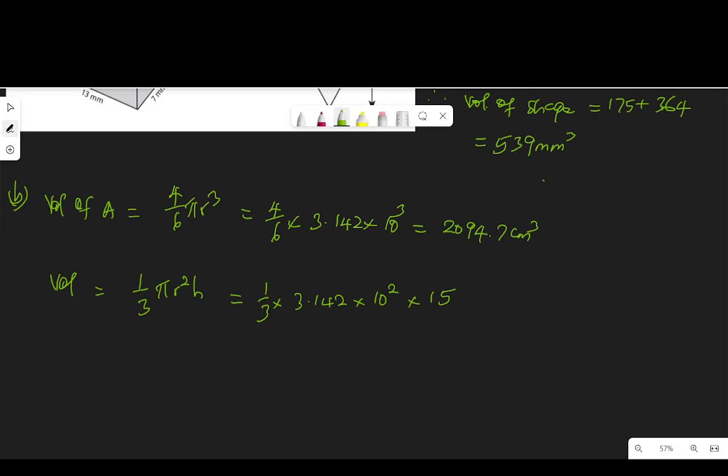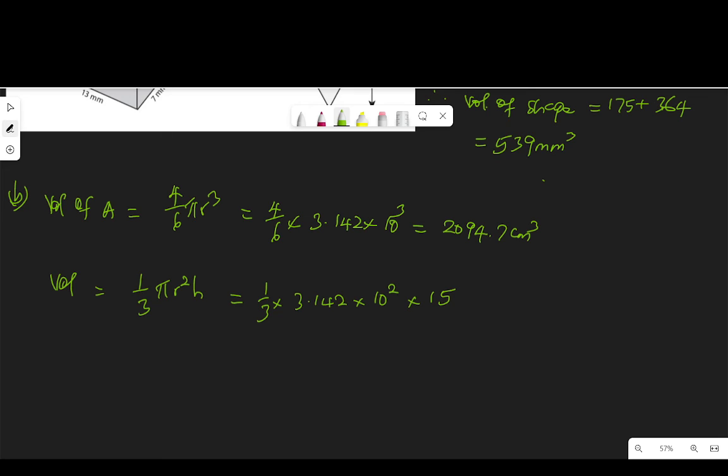Divided by 3, rather. I think I made a mistake there in my calculation. Let me rework that. 100 times 3.142 times 15.